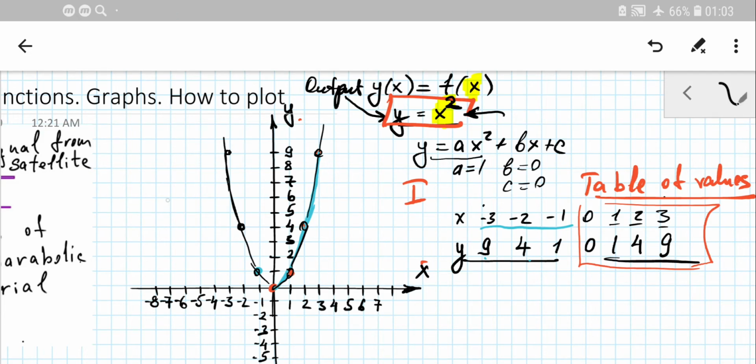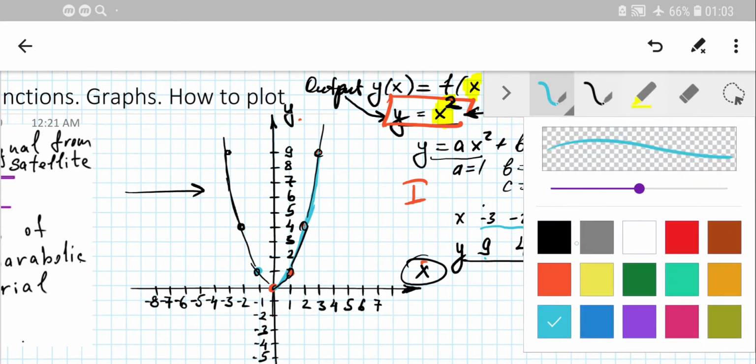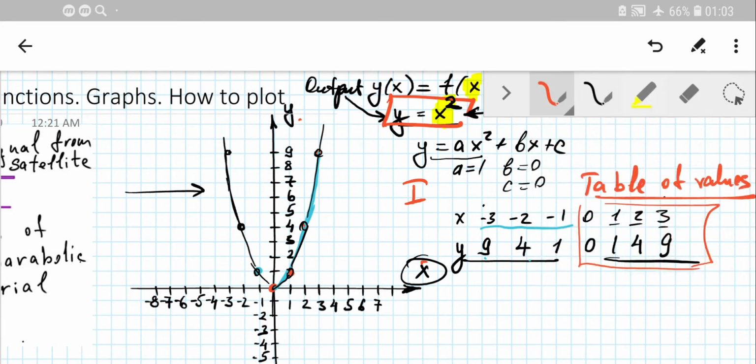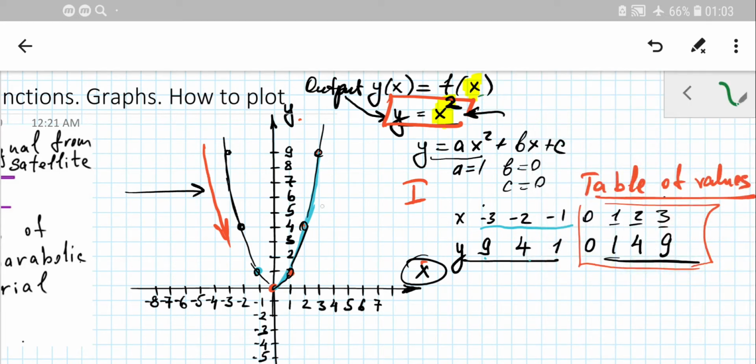However, if you move in the direction where x is rising, in the positive direction for x, you'll notice that initially the parabola is falling down like in this way, right? And then it starts rising after its vertex. So the vertex is the minimum point. It's here. That's what is called the vertex of the parabola.